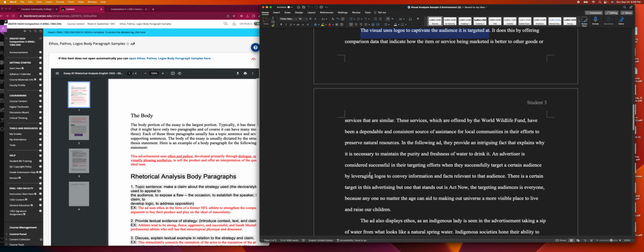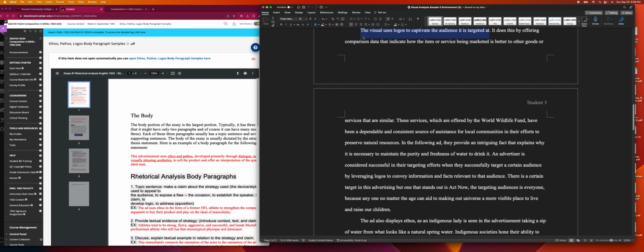This student is including this information in this paragraph in order to take up space, because she has to meet the 1,250 word count, and she doesn't know what she's doing. So she's providing fluffy information in order to meet her word count. Because what she should be doing is analyzing the photo. Your paragraph on logos, pathos, and ethos should solely focus on the evidence that you see in the photo.